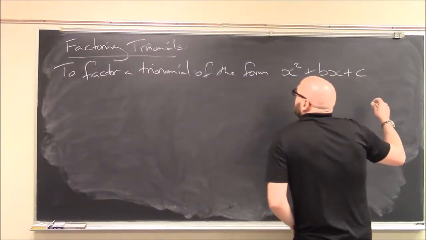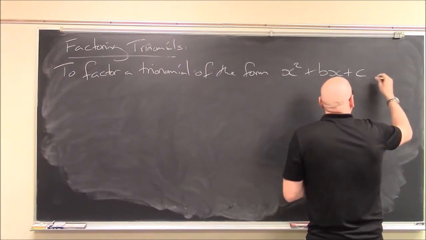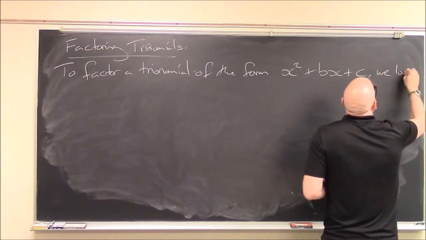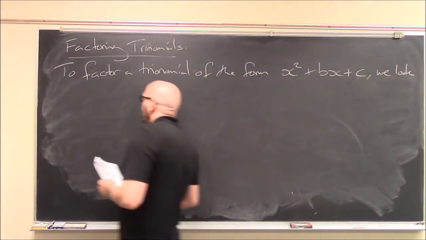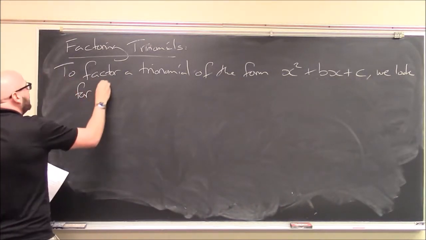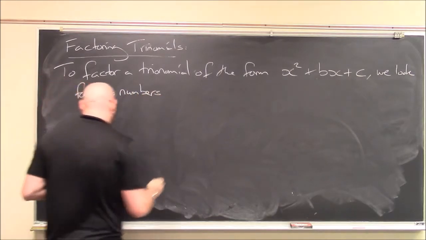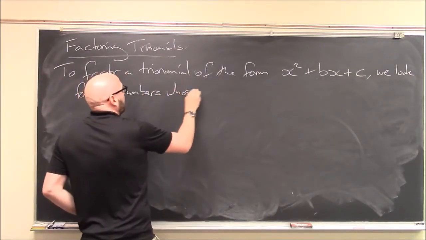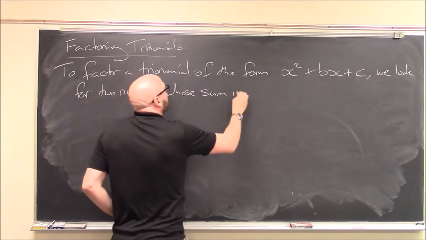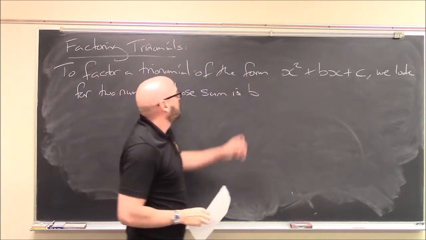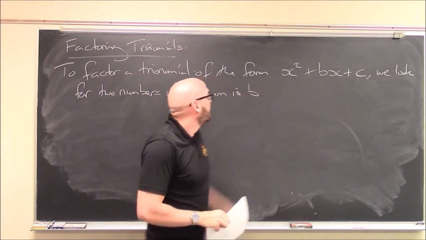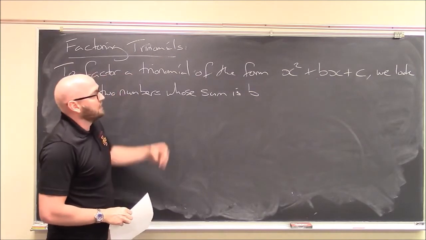So to factor a trinomial of this form, we look for two numbers whose sum is b. So I want two numbers that add together to give me b and multiply together to give c.